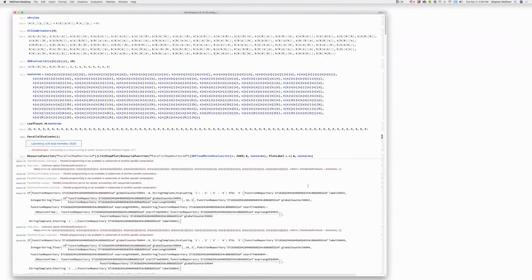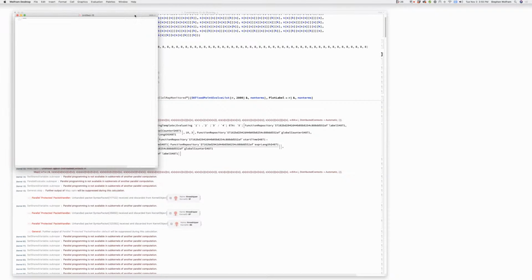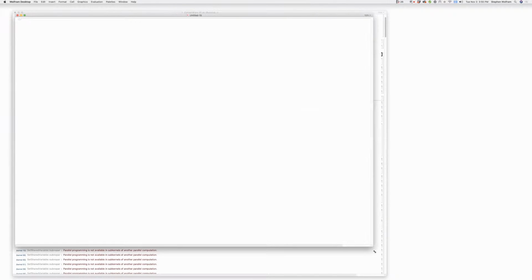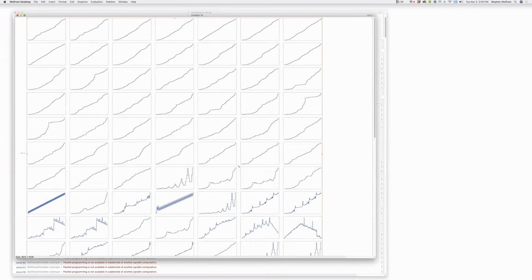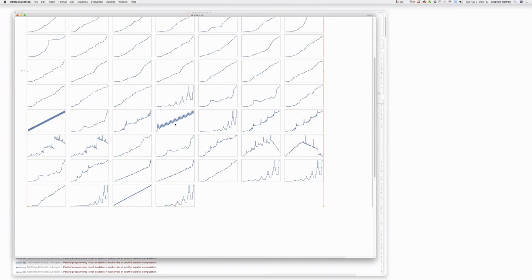Okay, in any case, what I was going to try to show, let me cheat and just show the answer while we wait. What I was going to show you was, for all those different combinator expressions, the growth in size as we progressively run it.